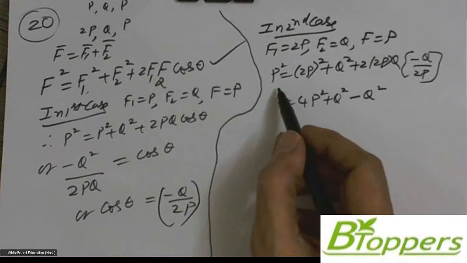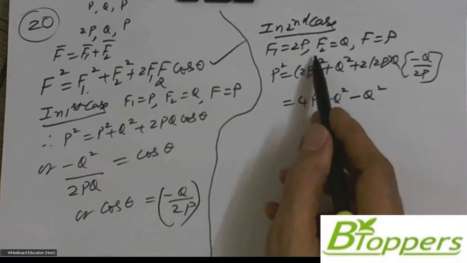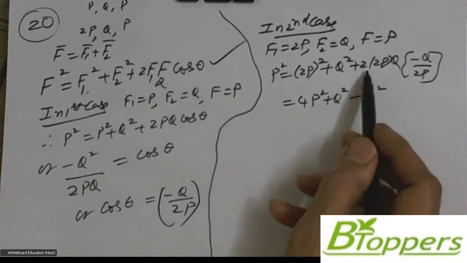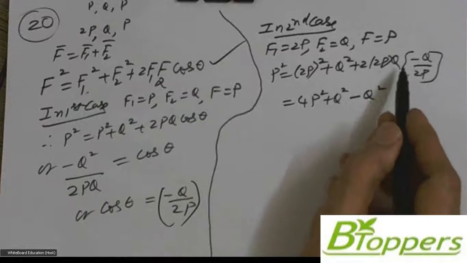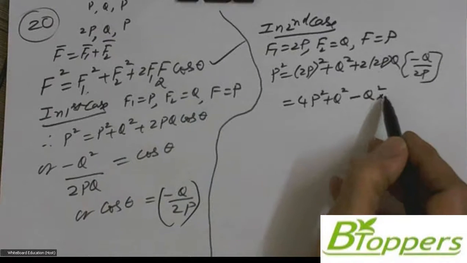So the magnitude of the resultant in the second case is P. So F1 equal to P here: 2P whole square plus Q square plus 2 into PQ. So you get here, 2P gets cancelled, you get minus Q square into 2.